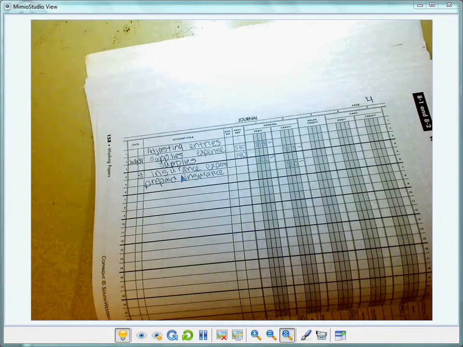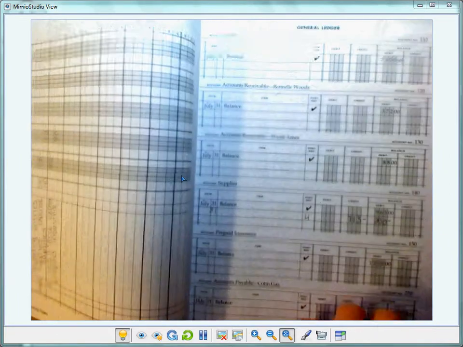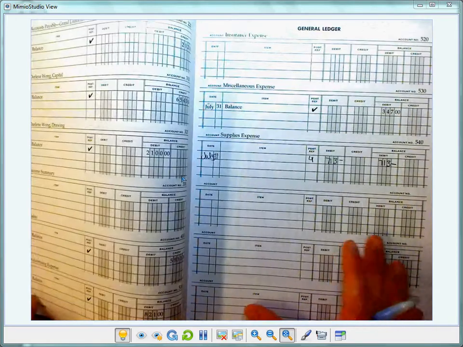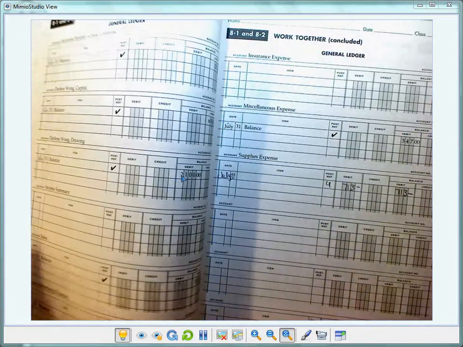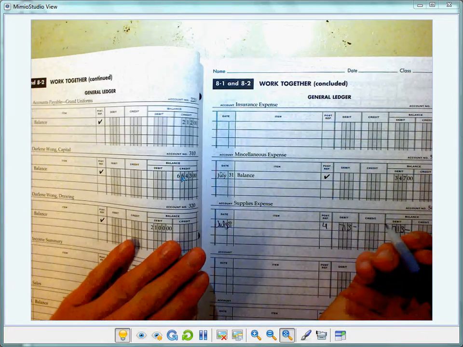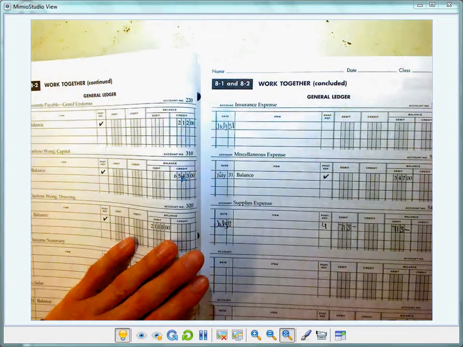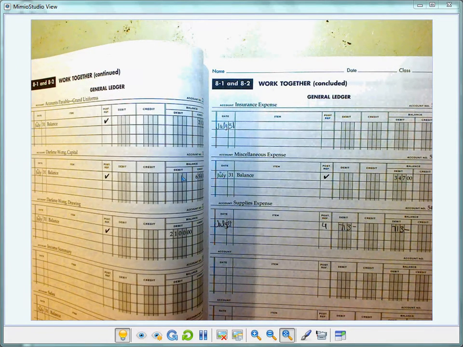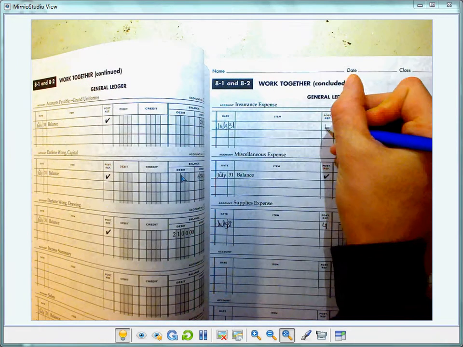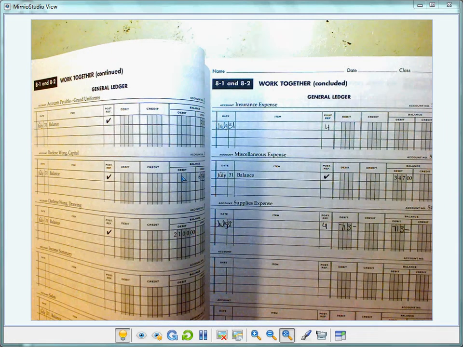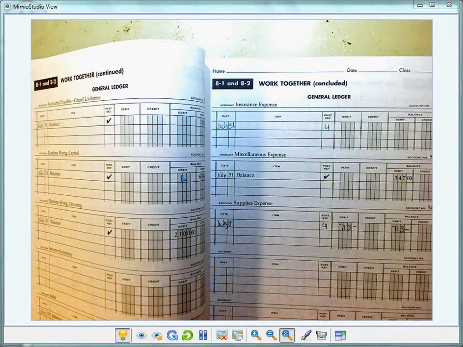Okay, now we're looking for insurance expense. What page is it on? Okay, 161. So July 31st. Post reference is a 4 again. Do we write balance?